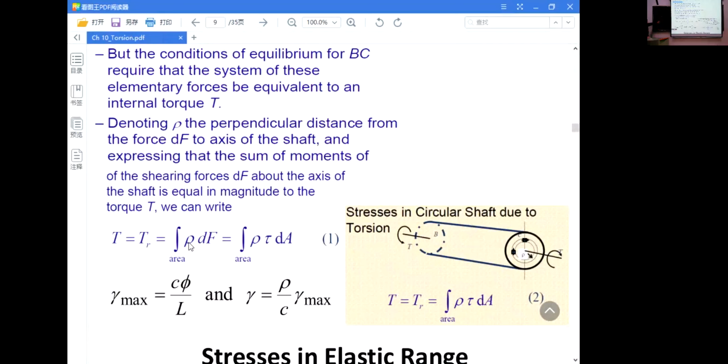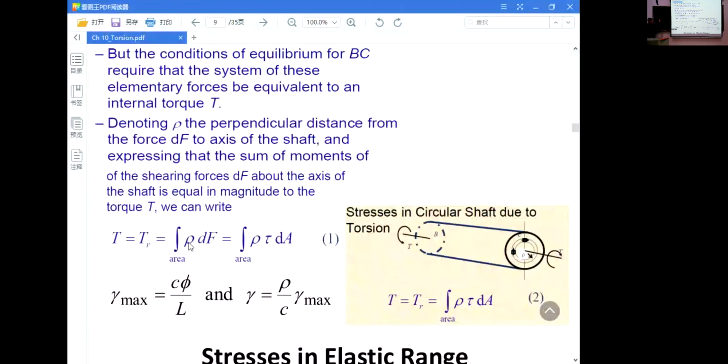T is the resultant of the shear force, the resultant of the moment of the shear force on dA. The moment of the shear force on dA about the centroid.